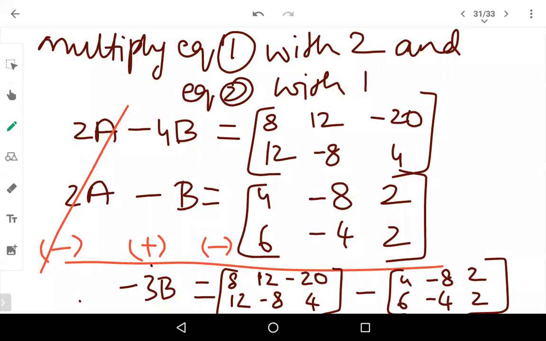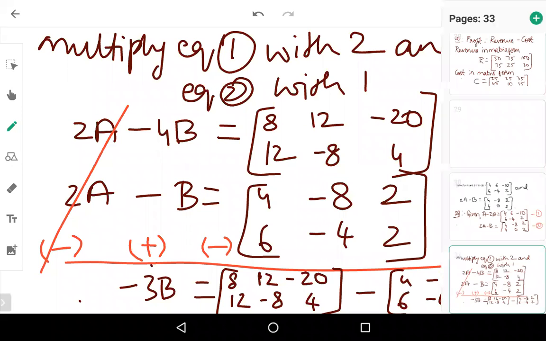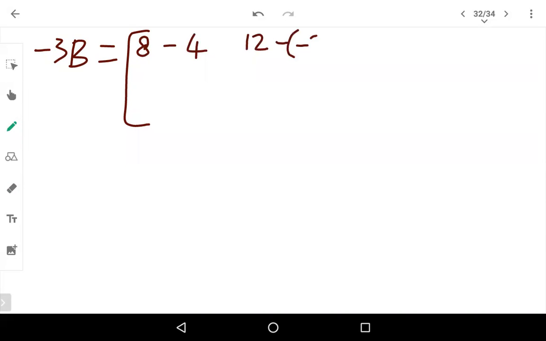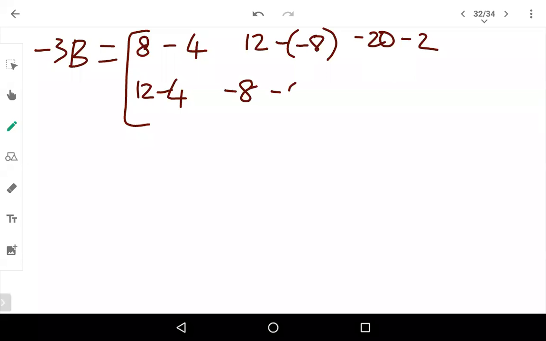So we will subtract these two matrices. Minus 3B is equal to 8 minus 4, 12 minus of minus 8, minus 20 minus 2, then 12 minus 4, minus 8 minus 0, and then 4 minus 2.